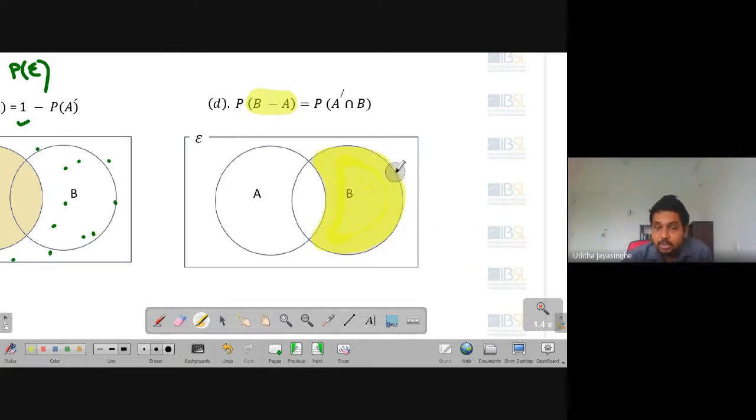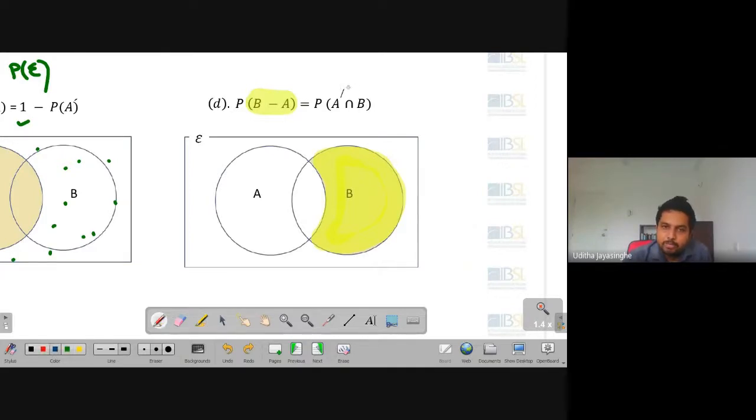If I take P B, I have to calculate this area also, but that is not the case that I'm looking at. Not probably B, but only B. B minus A can be calculated simply like this.